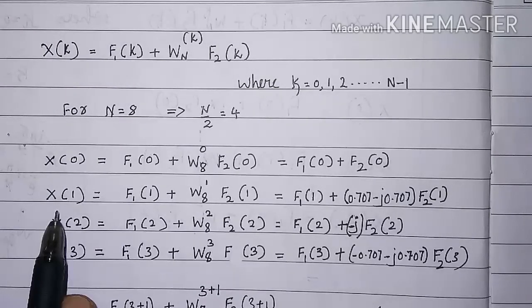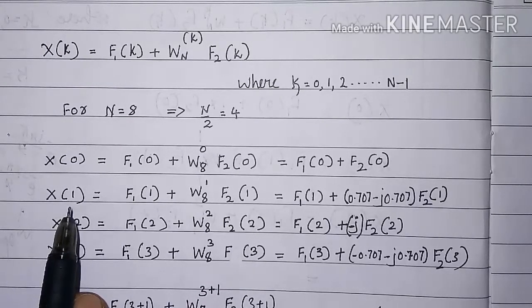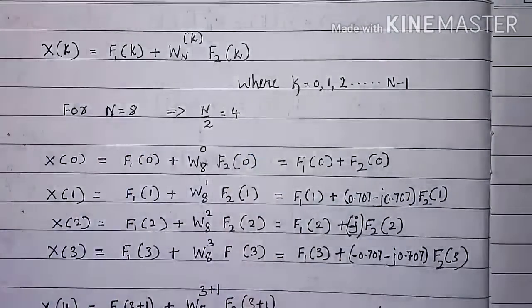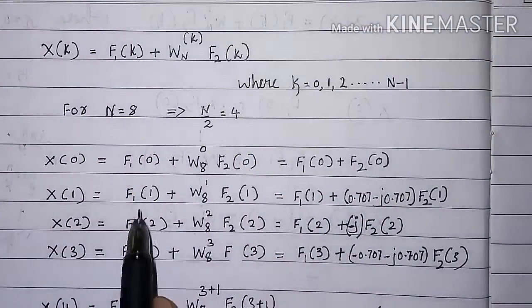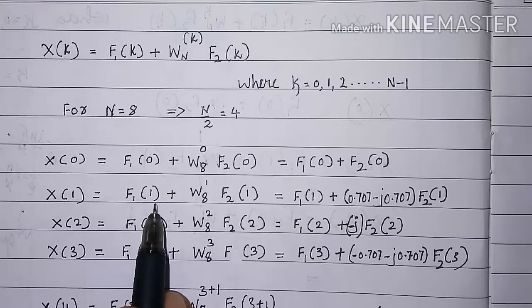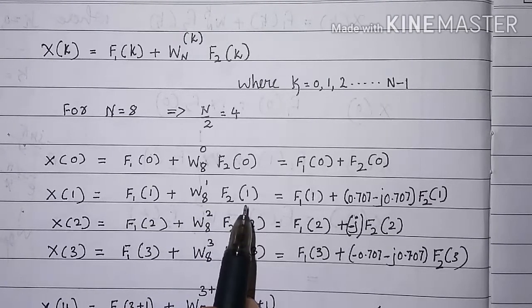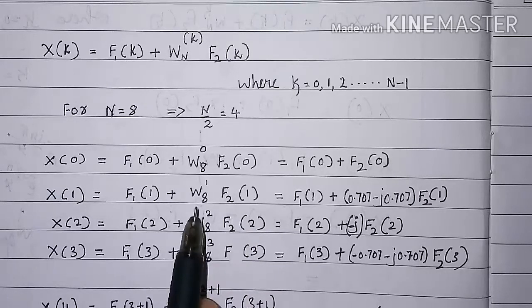Next we have to calculate X of 1 by putting k equal to 1 in this X of k expression. So we get F1 of 1 plus W8 raised to 1 into F2 of 1.